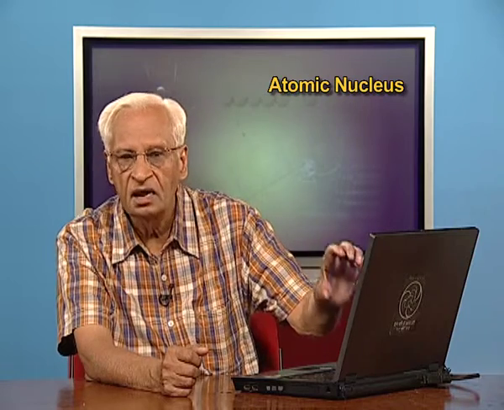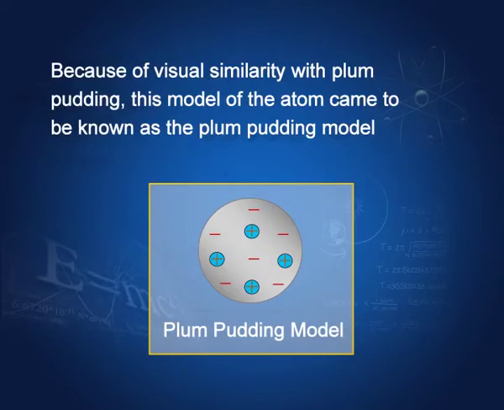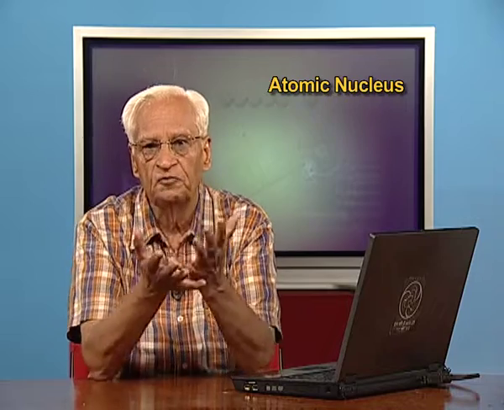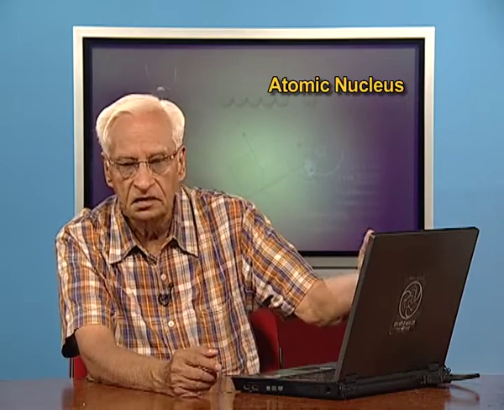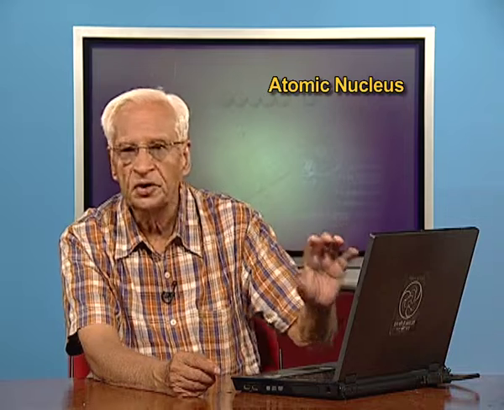That means the overall atom is neutral, and because of its appearance, this came to be known as the plum pudding model. The important thing is that in this atom, the electrons and positive charges are mixed uniformly, so that the atom as a whole is neutral.